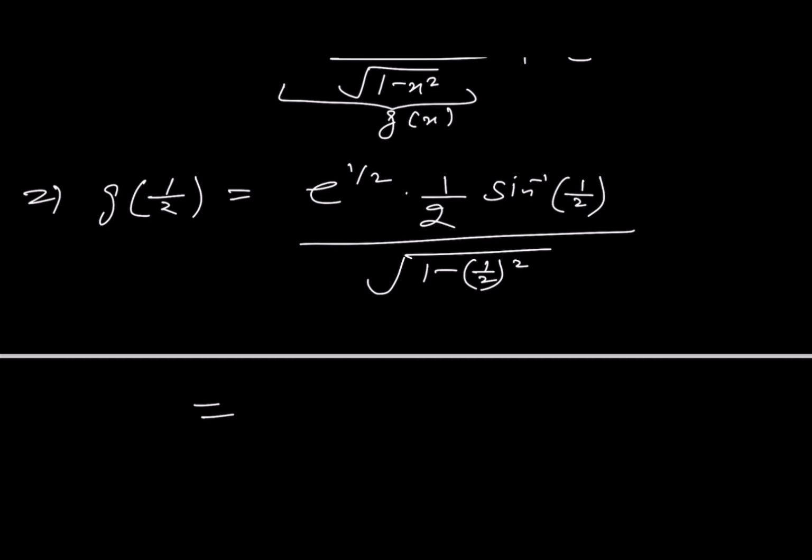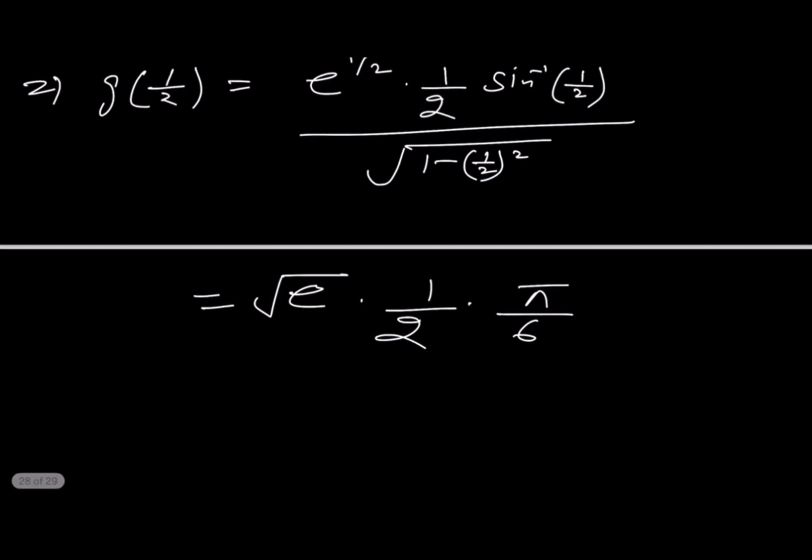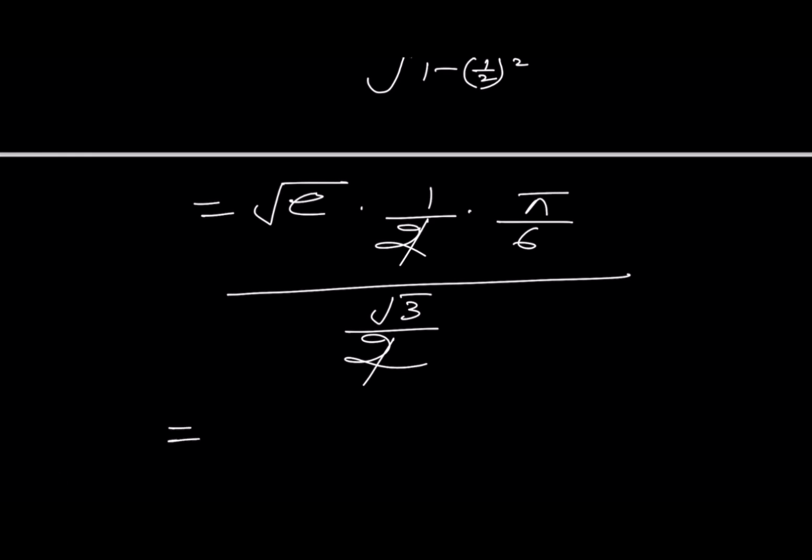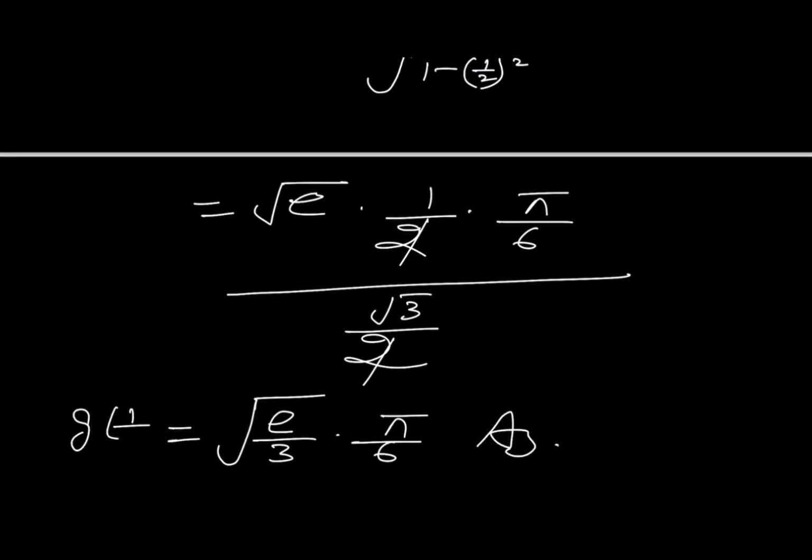So e to the power half is root e, and 1 by 2 sine inverse half is pi by 6, upon root over 1 minus 1 by 4, which is root over 3 by 4, which will be root 3 by 2. The 2 cancels out, so the answer is root over e by 3 into pi by 6. This is the answer, which is g of half, right?